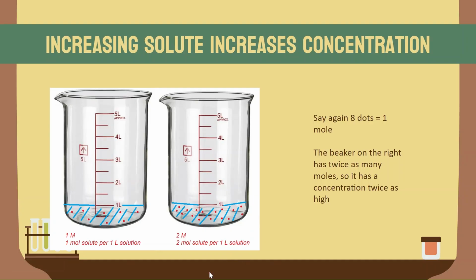So I increased the amount of solute, so I increased the concentration overall. I added twice as many moles, so I have twice as high a concentration. Or we can do the actual math and say, okay, if I've got 2 moles in 1 liter of solution, 2 divided by 1, now I've got a 2 molar solution.